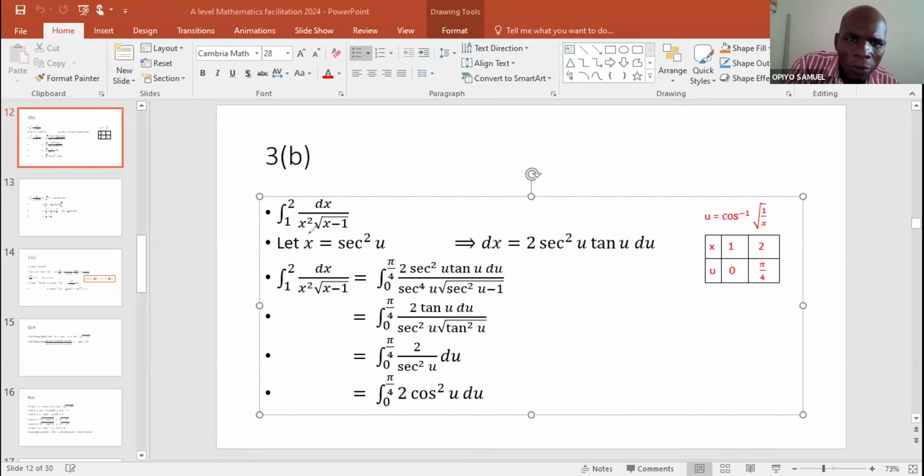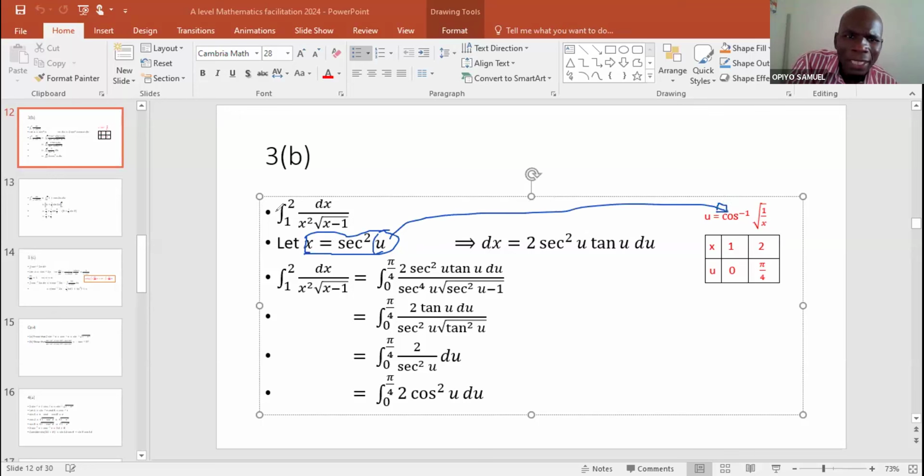But now we are using the change of variable from x to u, this one here. So you also need to change the limits, and when we change the limits, you make u the subject from this substitution we are using. You make u the subject, and u will be this one here.